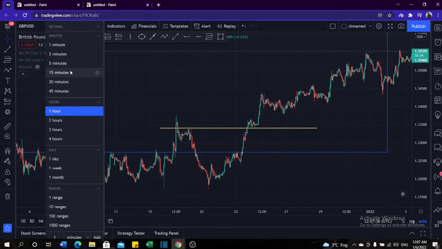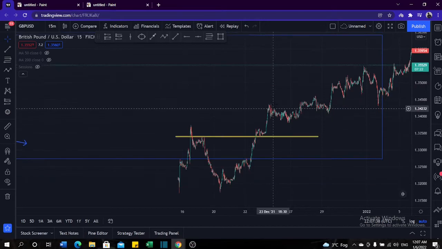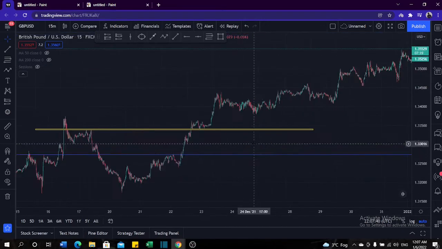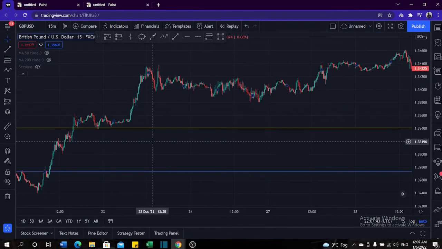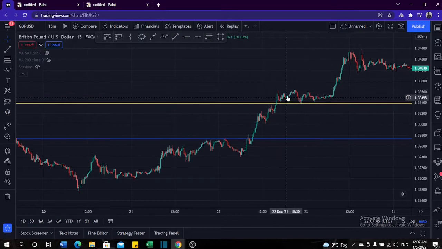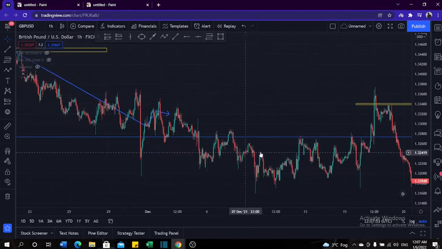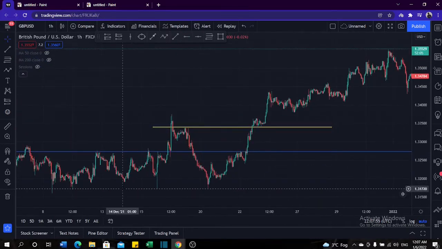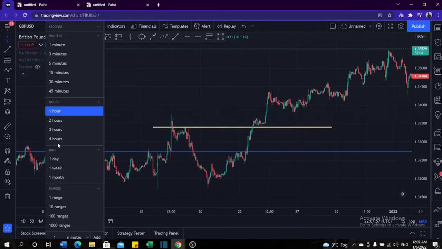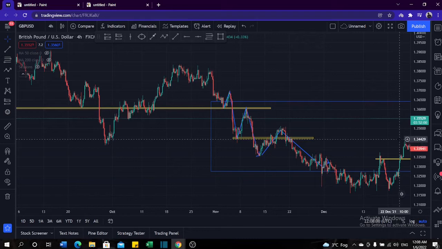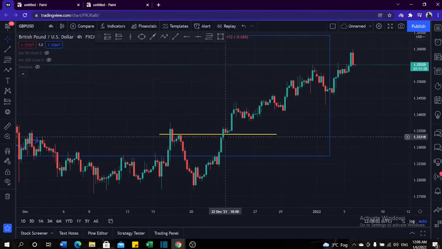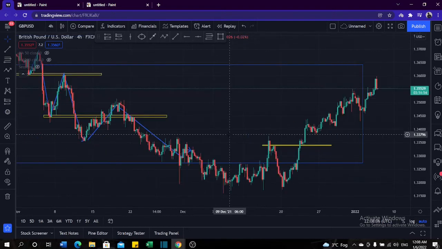Let me set the 15 minutes chart here. On the 15 minutes chart, there are a lot of candles to look at. So to me, it's just better to use a higher time frame so that I can see fewer candles. And forex is about being patient. It is okay for me to be patient for 8 hours as long as I get my movements right and make money in the market, because that's what we are here for.